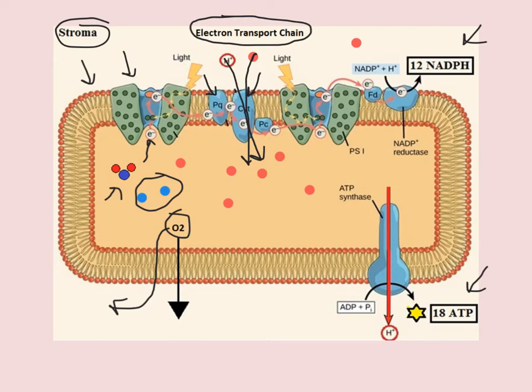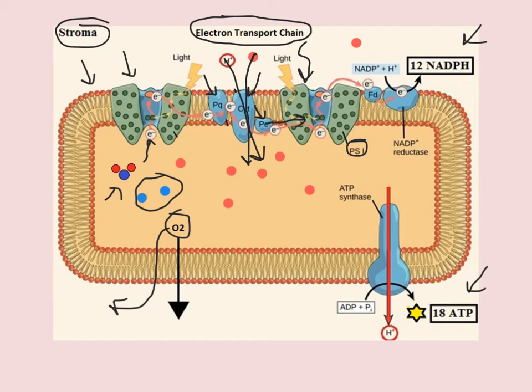The electron is then passed to the mobile carrier plastocyanin, extra credit, which then takes that electron, which has lost a lot of energy by pumping in those 2 hydrogen ions, and it gives it to photosystem 1, PS1 right there. It uses the energy from the sun to re-energize, because it needs energy again.